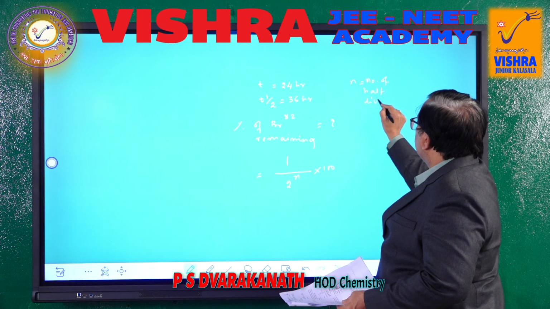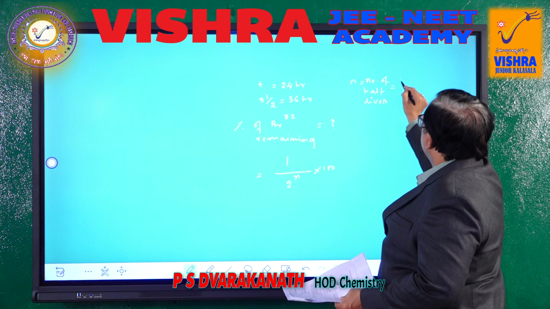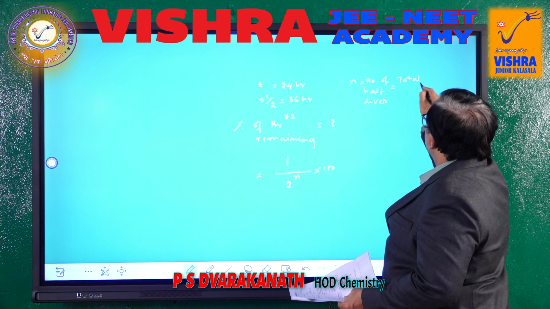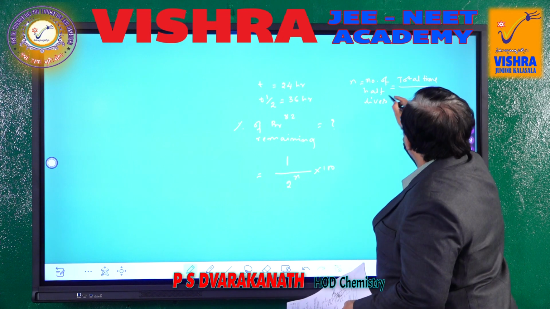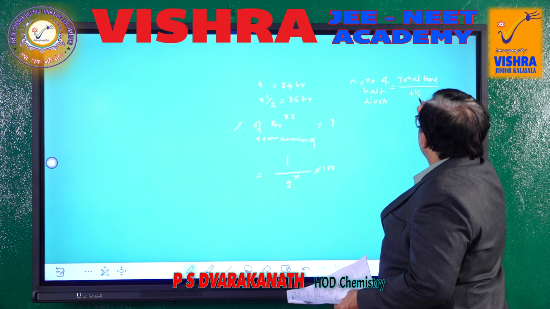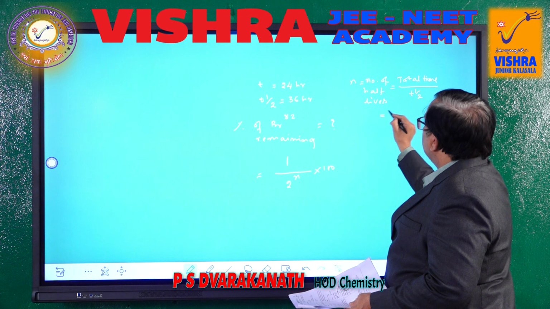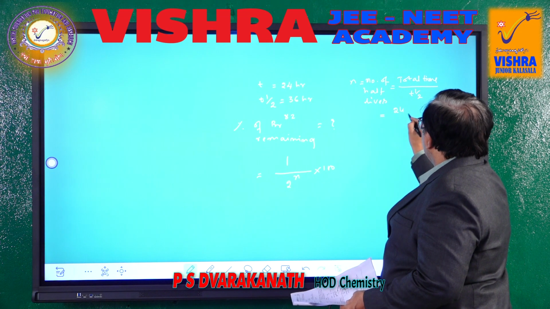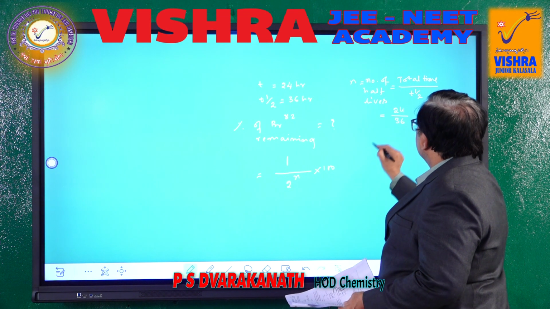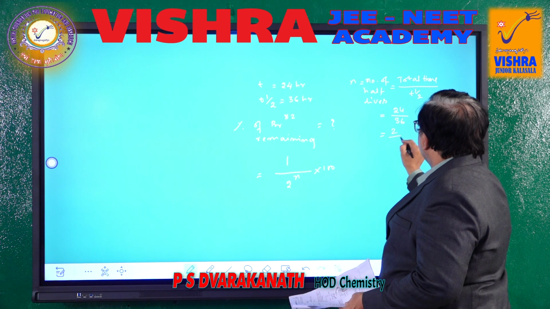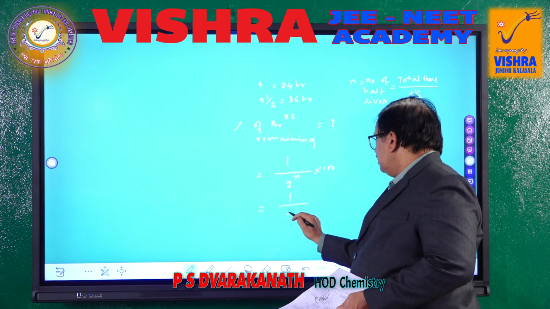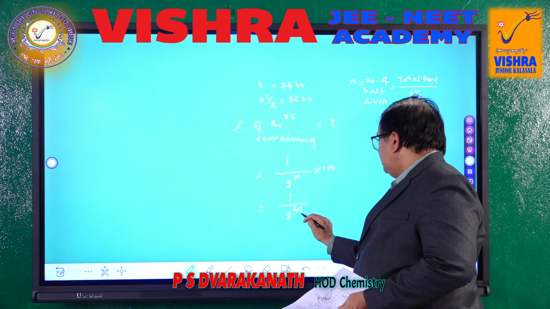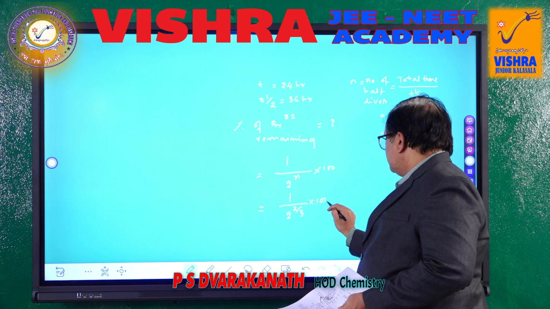How can it be found? The total time by the T half. So n is 24 by 36. What do you get? 2 by 3. Therefore, 1 by 2 to the power of 2 by 3 into 100.